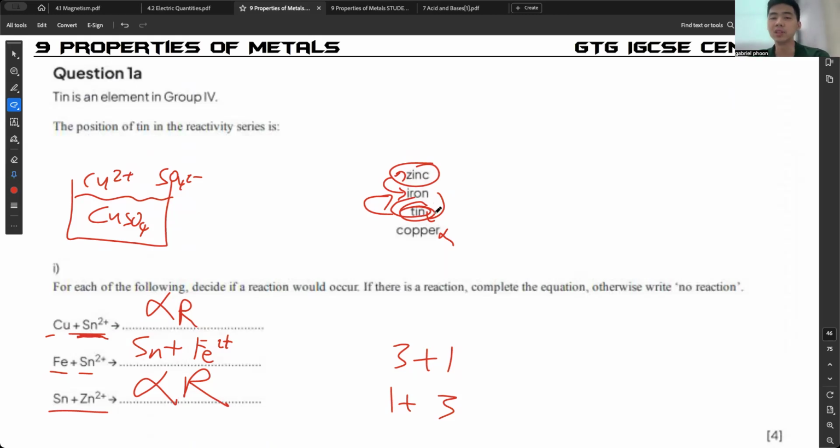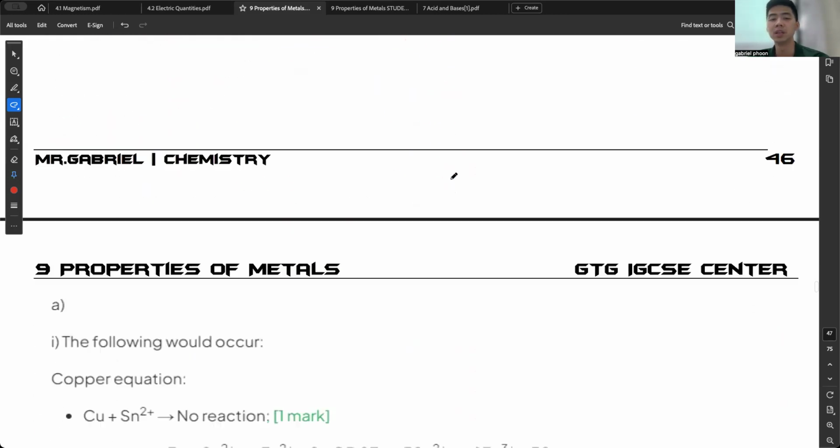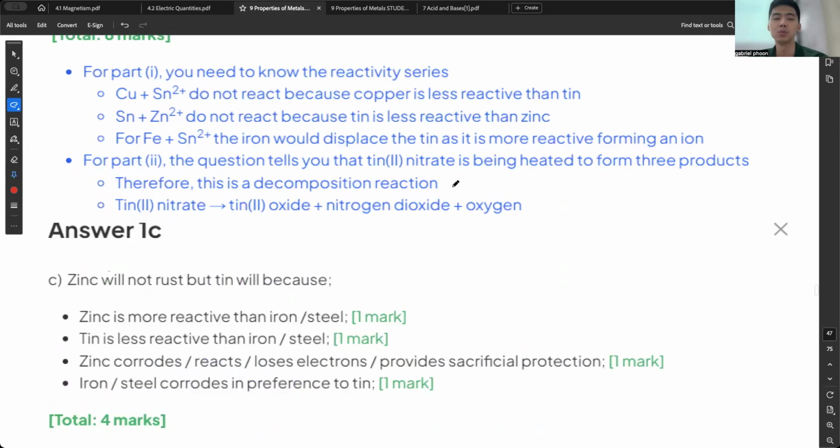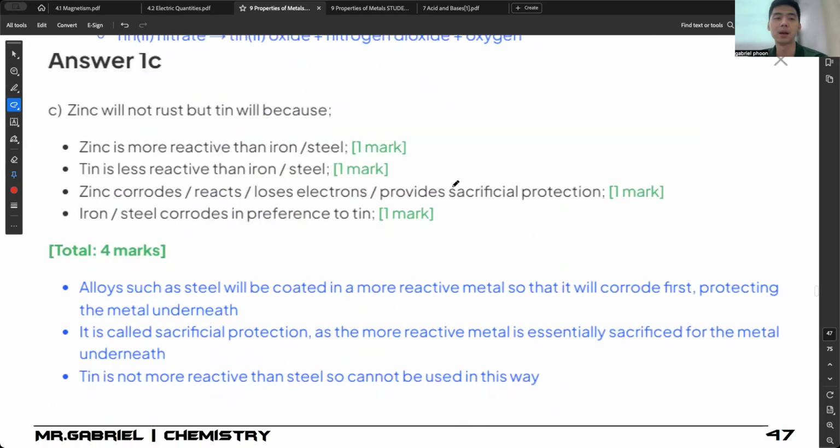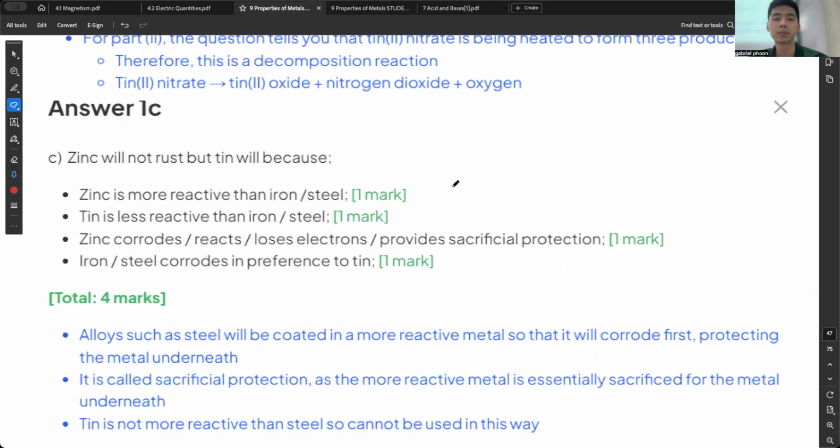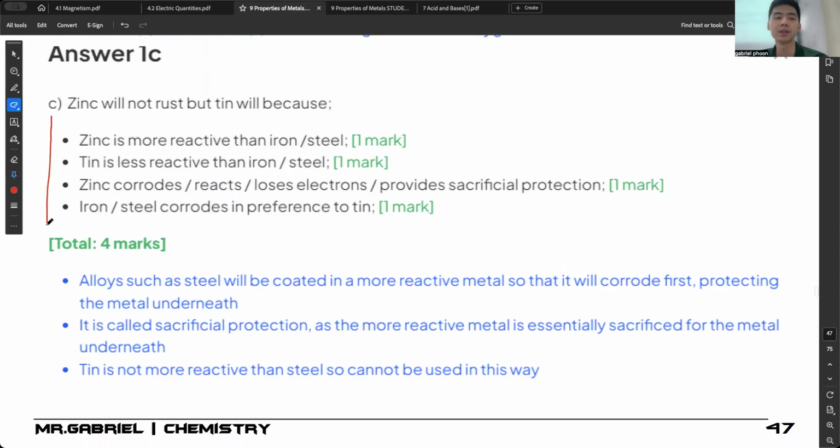So you cannot use tin to wrap iron, because if tin and iron were together, the iron will become the sacrificial metal. So you must use zinc, guys. And the mark scheme will say something similar. Yeah, write this down, guys.